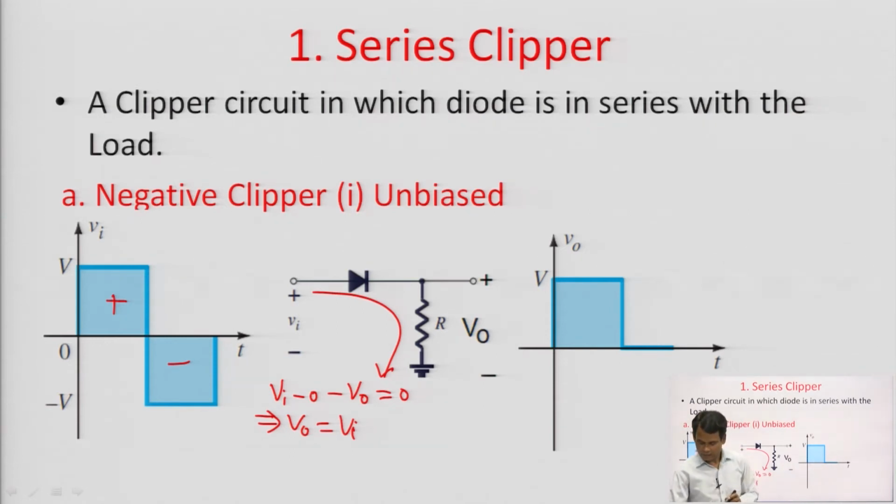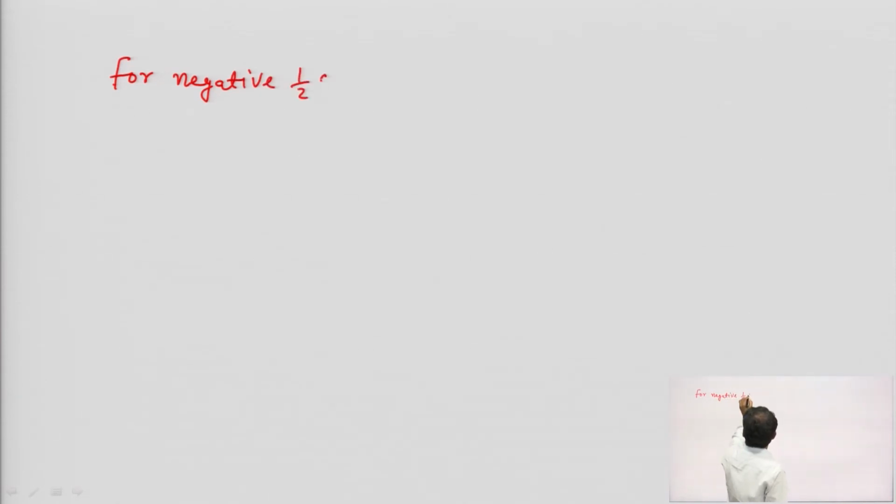On the other hand, when the input is the negative half cycle, then what will happen? The diode becomes reverse biased. This is case 2, for the negative half cycle, the diode becomes reverse biased.